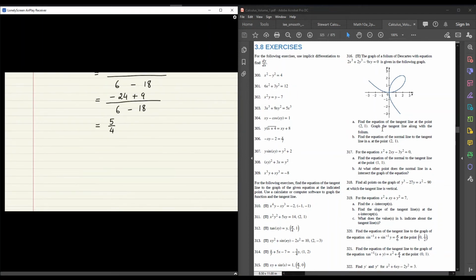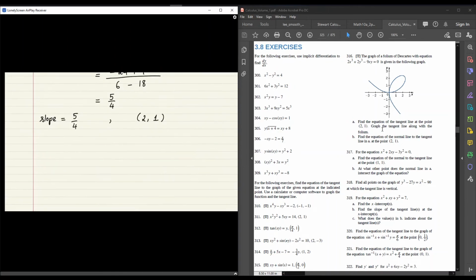So the slope of the tangent line is equal to 5/4, and the tangent line passes through the point 2, 1. So then we can use the point slope formula to whip up the equation of the tangent line.